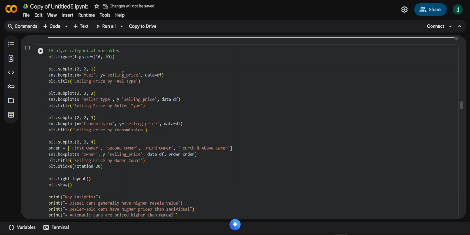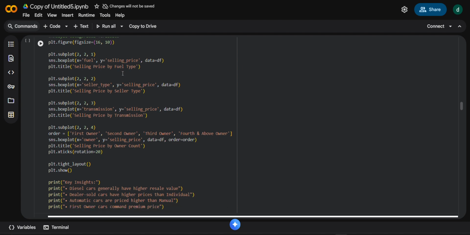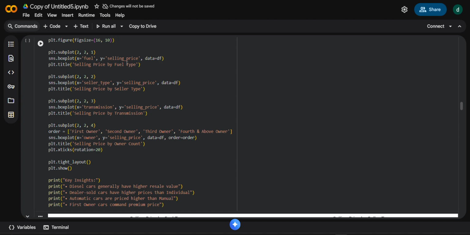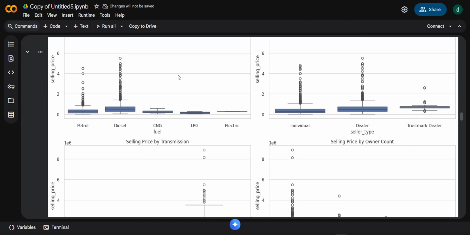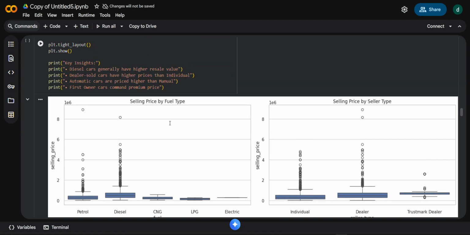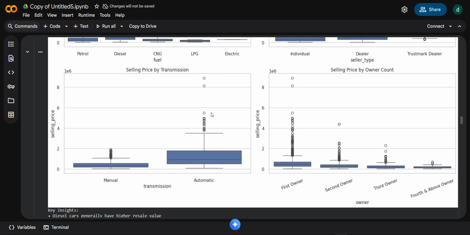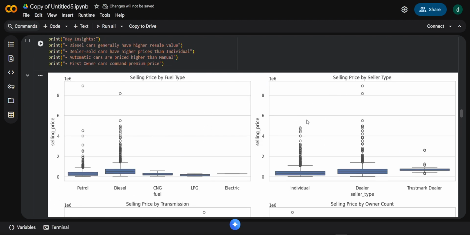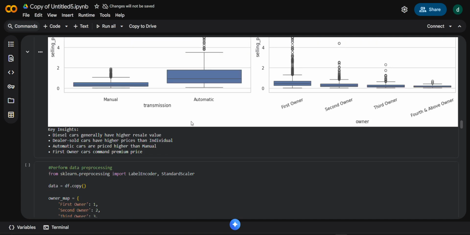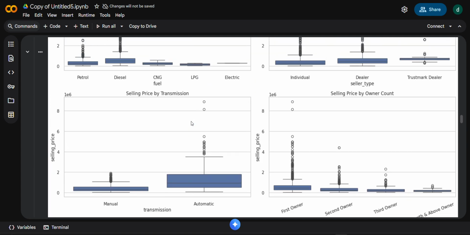In this step, I analyzed categorical features to understand how category based columns affect price. I used box plots to compare fuel type versus selling price, seller type versus selling price, transmission type versus selling price, and owner category versus selling price.